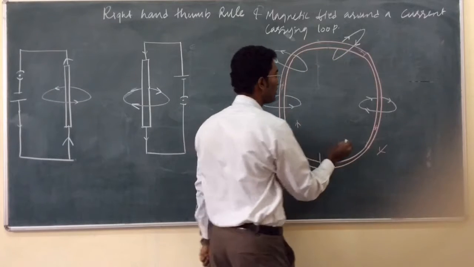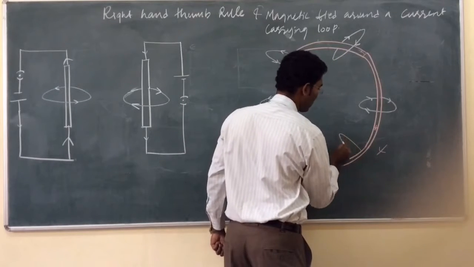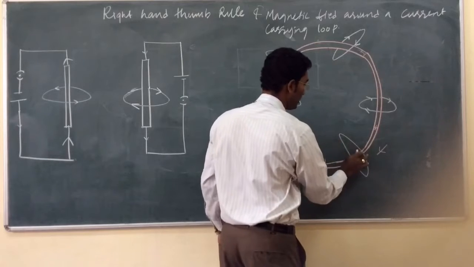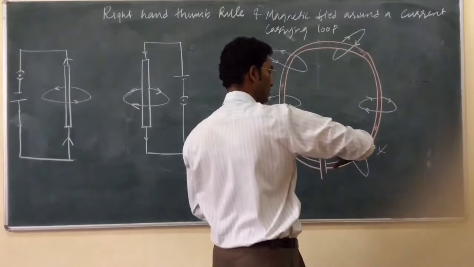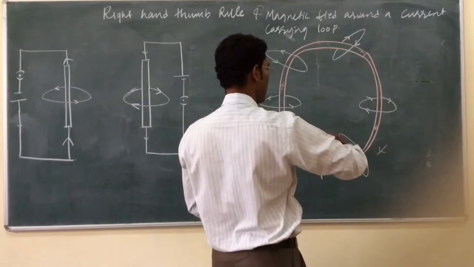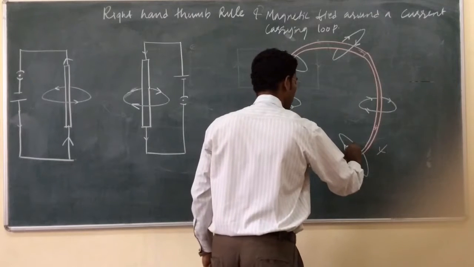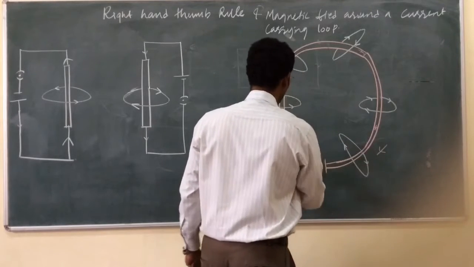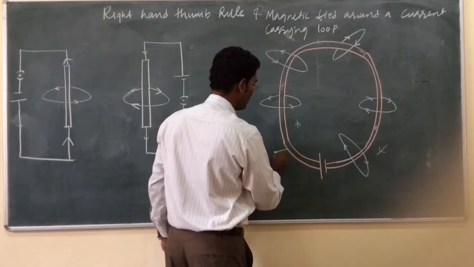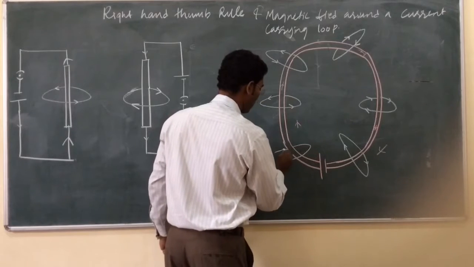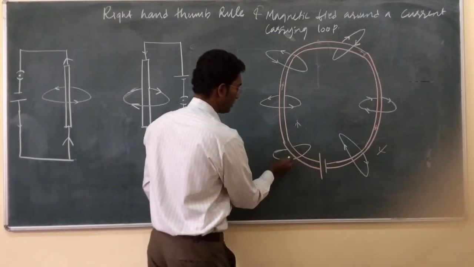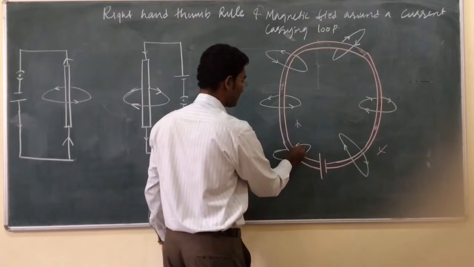If I hold it here, what will be the direction of the magnetic field? The magnetic field will be going up and coming out. What will be the direction of the magnetic field here? You can see here the direction of current coming like this and like this.